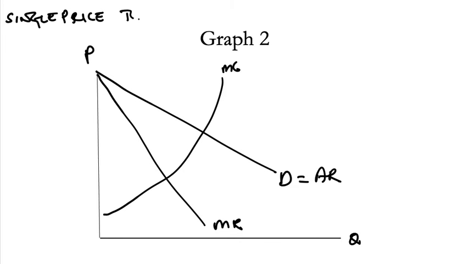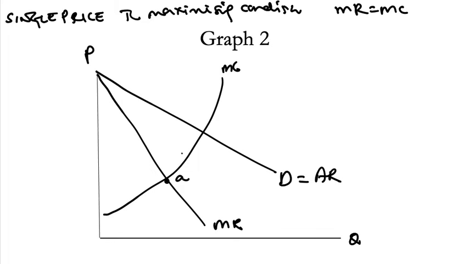The profit maximizing condition is what? MR equal to MC as usual, isn't it? It is here at point small letter a. If you drag down the line, then you can have the quantity, call it Q star. Where is the price? Price is here, P star.